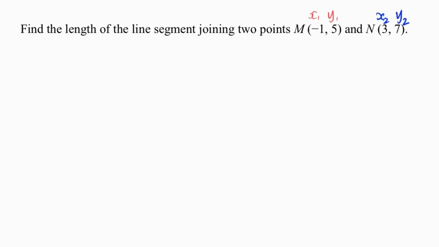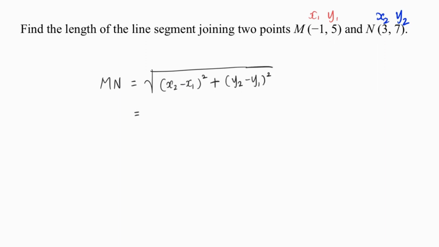Knowing that the formula for the length of the line is the square root of (x2 minus x1) squared plus (y2 minus y1) squared, then it is very easy for us to do because we are now able to just substitute neatly the values for my x1, y1, x2, y2.